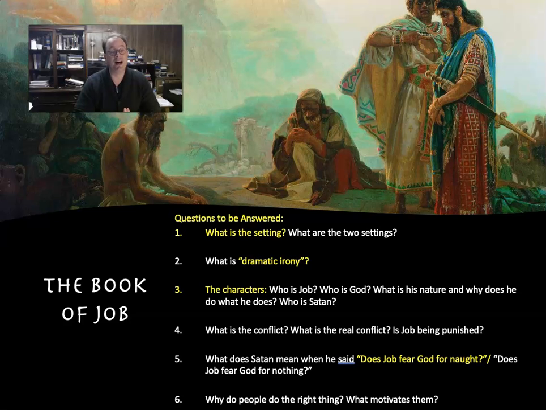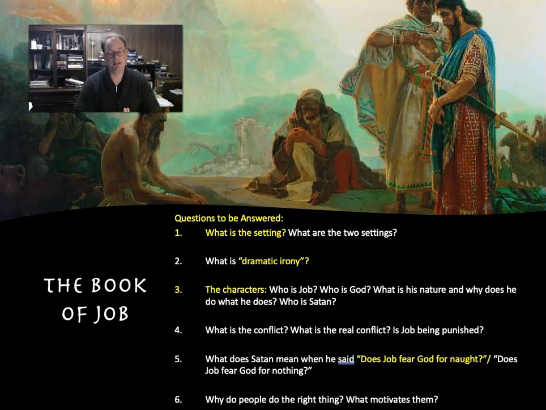Does Job fear God for nothing? Does he have no good reason for his fear? Because we know that he's a God-fearing man, which is virtually synonymous here with piety, right? Does Job fear God for nothing? And this ultimately, skipping a few steps of explaining this statement, is going to have to do with why people do the right thing when they do the right thing.